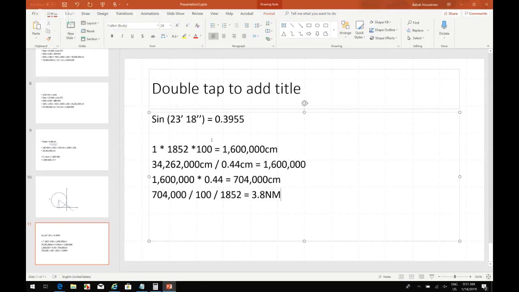No, that brings us to the same place. So 1,600,000 times 44 millimeters, divided by 1852, and divided by 100 gives centimeters, divided by 10 to give millimeters. Okay, so that's 38.